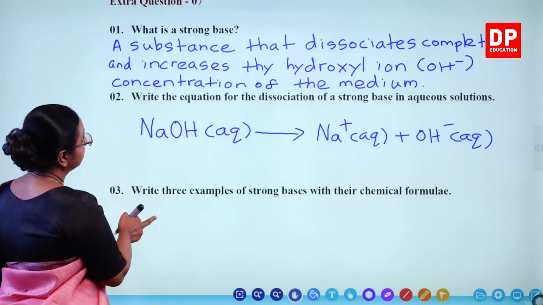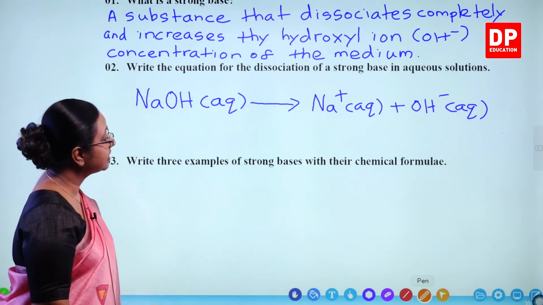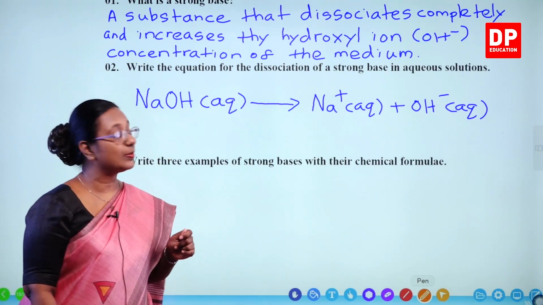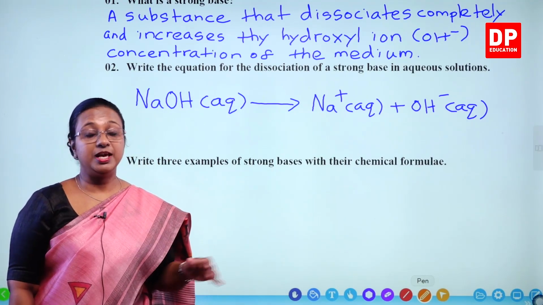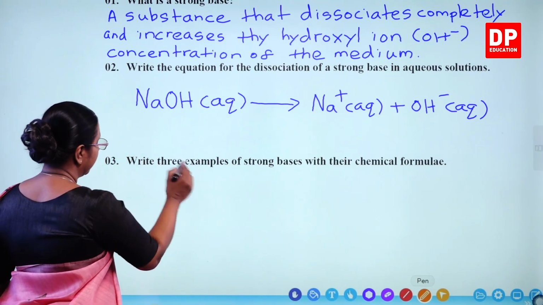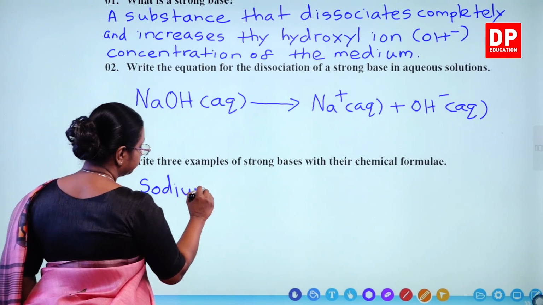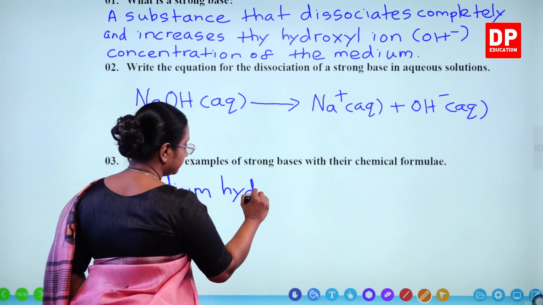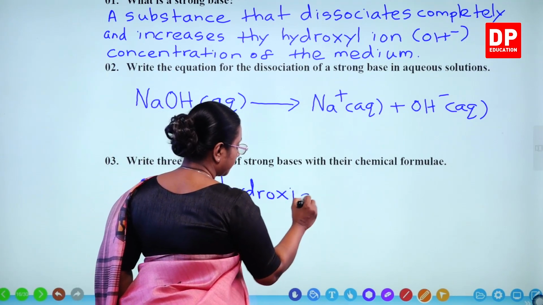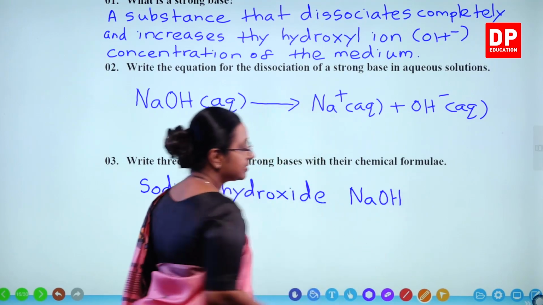Then the next one. Write 3 examples of strong bases with their chemical formulae. So we have to write the name as well as the chemical formulae. So I will say sodium hydroxide, that is NaOH. What else can you write?